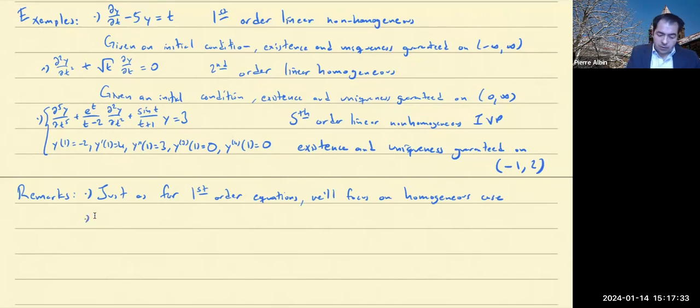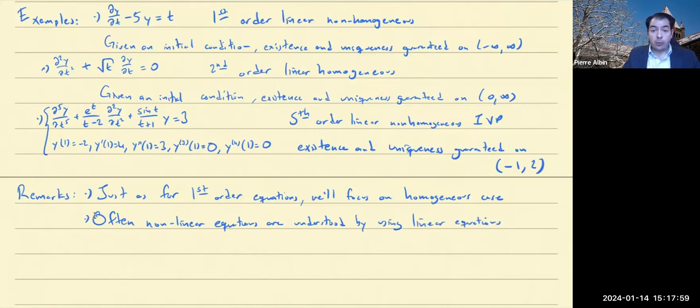right? Also, as something we've mentioned before, often nonlinear equations are understood by using linear equations, right?